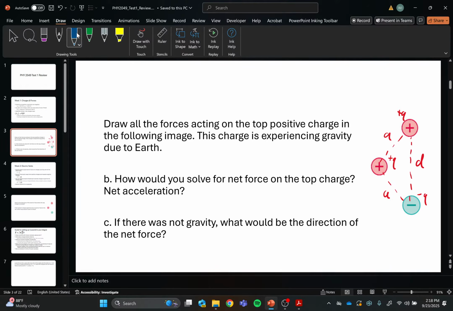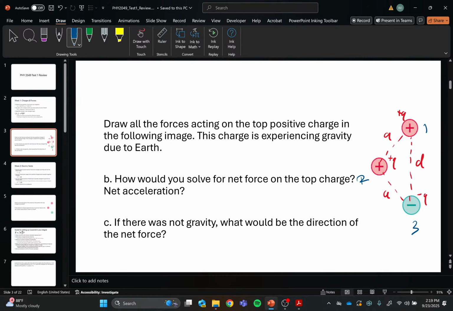All right, let's talk about the very first part, which is to draw all the forces acting on the top positive charge. So we've got our positive charge, and I'll call this 1. That's capital A, it's fine. Sorry about that. That's number 1, that's number 2, and that's number 3.